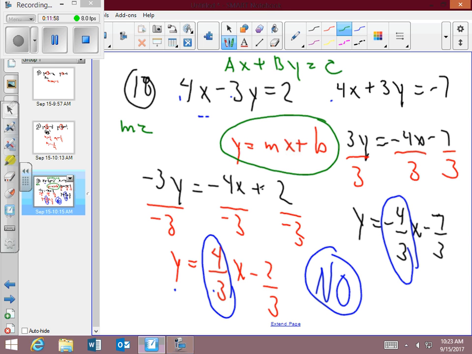The 4 was the numerical coefficient of the x, and the 3 was the numerical coefficient of the y. So if you saw this, and a and b are constants, so a is the numerical coefficient of the x, b is the numerical coefficient of the y, and c is going to be the constant term, what would you say that the slope is of that line?